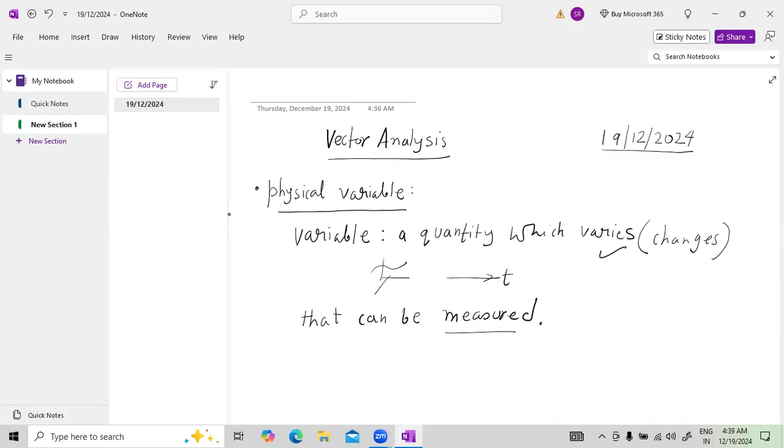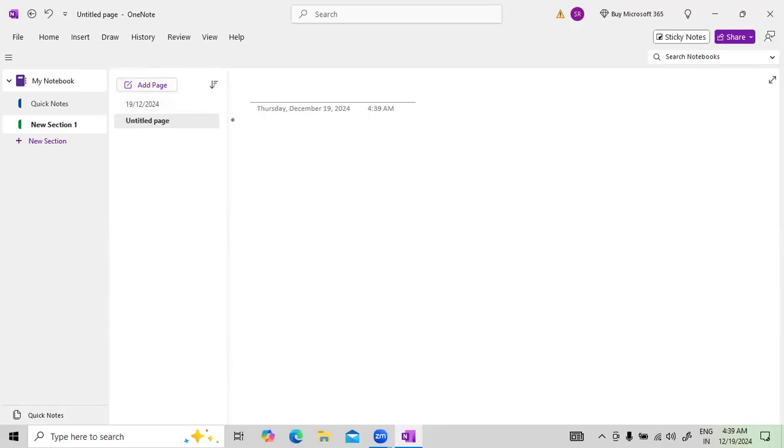Meaning, what do I mean by measurement? First of all, we have to elaborate some thought on measurement. What do I mean by measurement?